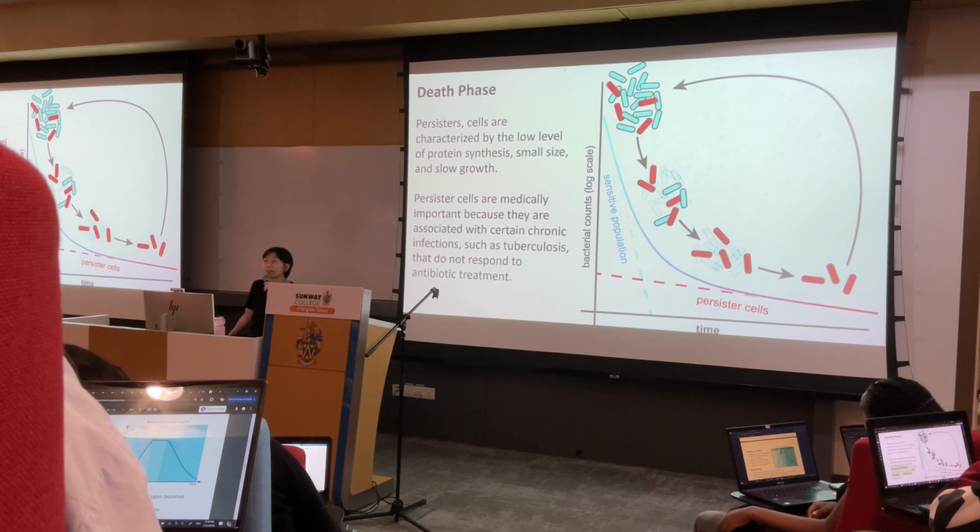There are still bacteria there, and they can survive under antibiotic treatment and then come back. Those are the persistent cells. When they meet favorable conditions, they will start to grow in number again.